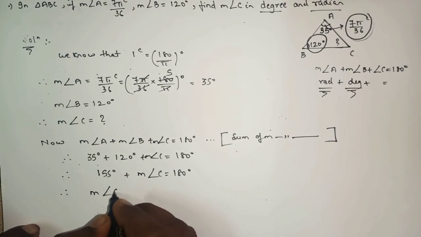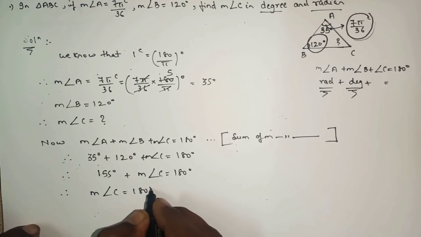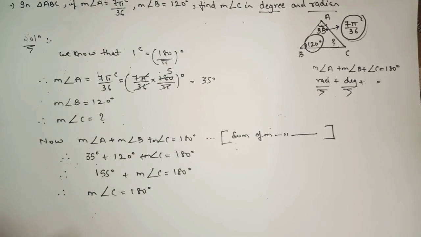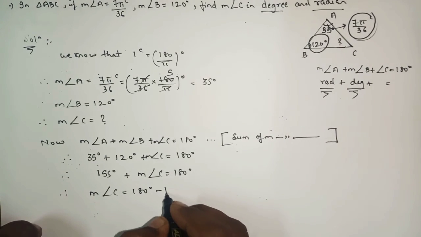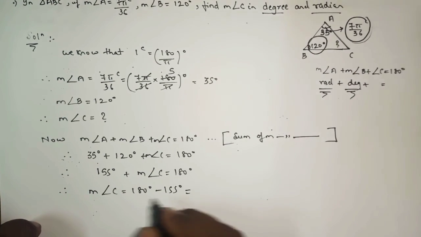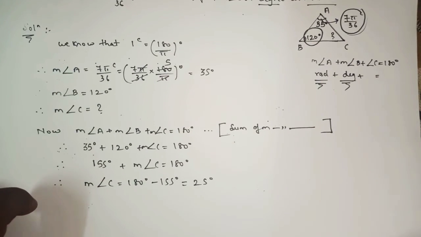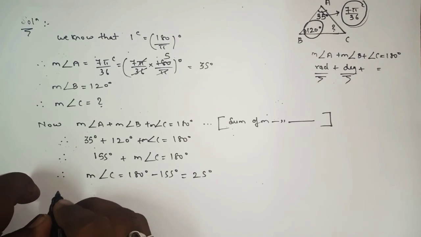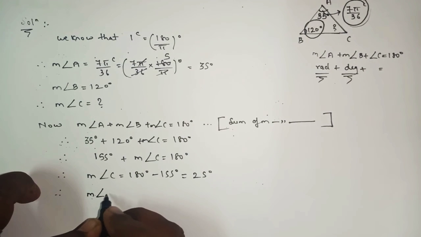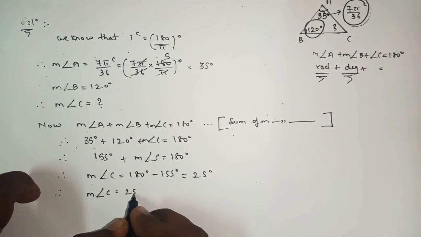One side alphabet, one side number, so we'll keep the measure of angle C on the left hand side. So 180 minus 155 will be 25 degree.